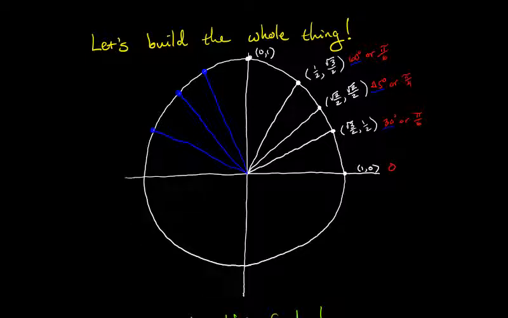So if I start with this one closest to the x-axis, what would you say its reference angle is? Well, it's the same as this guy, right? And so since it's the same, then that's 30 degrees away from, let's think about this, this is 180 degrees or pi, right?